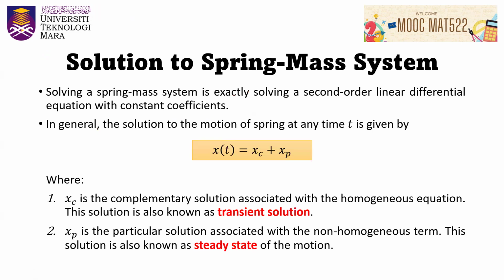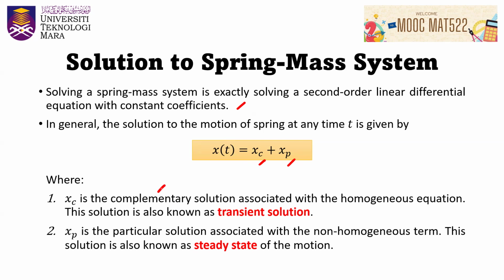Solving a spring mass system is exactly solving a second-order linear differential equation with constant coefficient. In general, the solution to the motion of a spring at any time t is given by the function x(t) = x_c + x_p, where x_c is the complementary solution associated with the homogeneous equation.